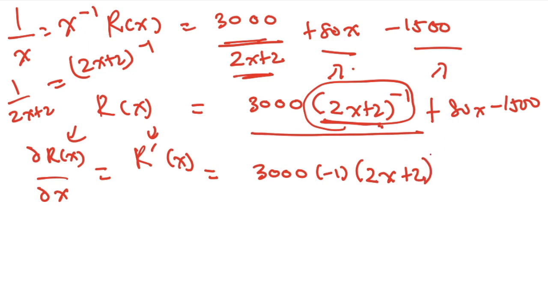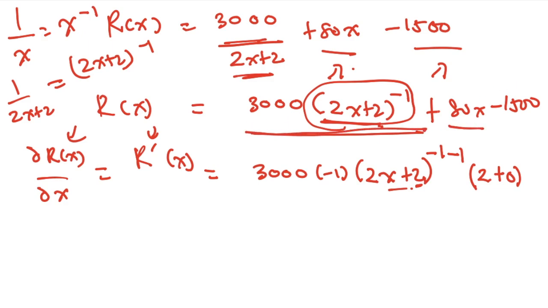Now what happens to minus 1? Minus 1, minus 1. And then you differentiate the one inside the bracket, 2x plus 2. So when you differentiate 2x, it becomes 2. When you differentiate 2 here, it becomes 0, isn't it? So I have differentiated the first part.